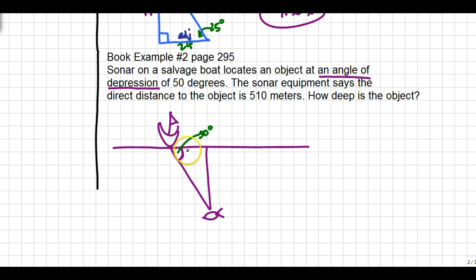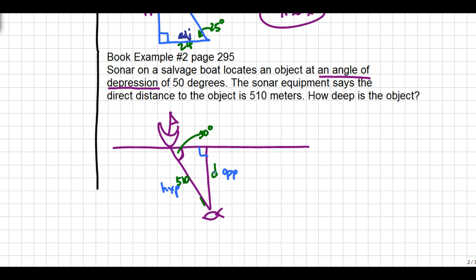The direct object distance away is 510, so that's going to be this length here. And I'm trying to find how deep the object is from the surface of the water down, so I'm going to call that D for deep. Based on what I have labeled now, related to this angle, I've got the opposite side, and this side is the hypotenuse.